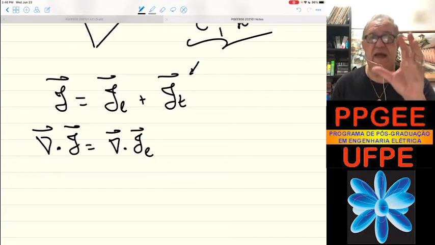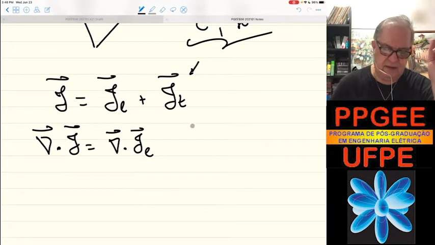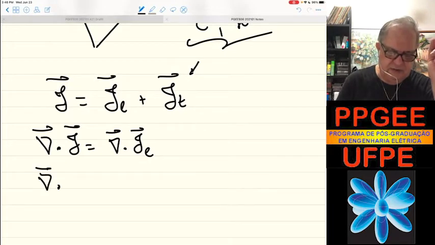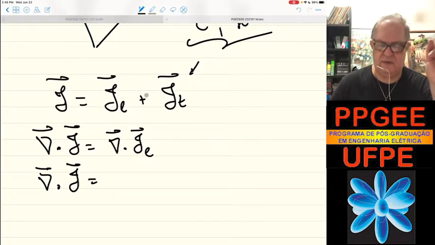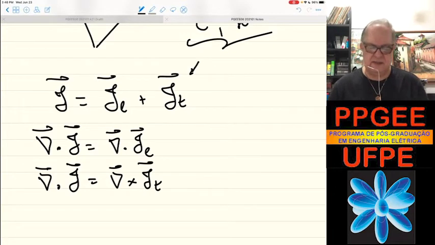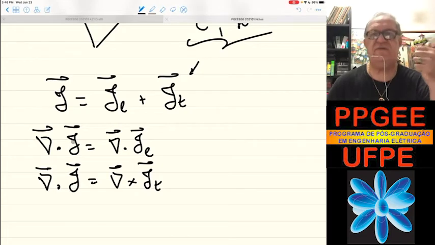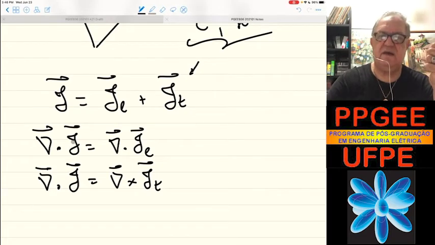Suppose that I know JL and JT, okay? So I know the divergence of J. Curl of J equals to curl of JL, which is 0, plus curl of JT. So we have the specifications. If I know JL and JT, I know the specifications of divergence and curl, okay?